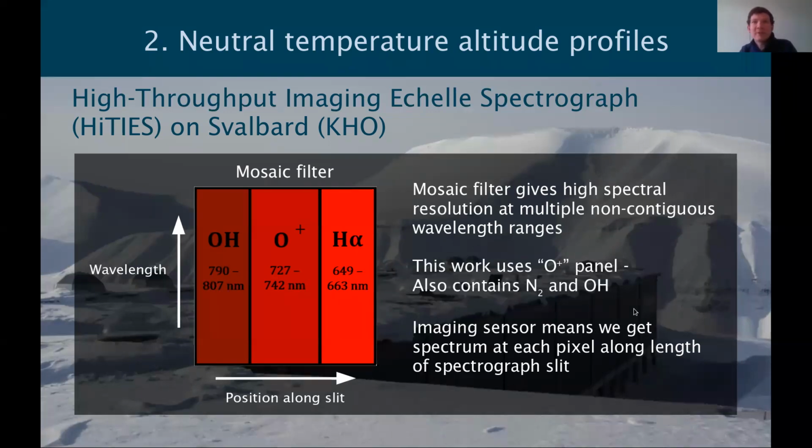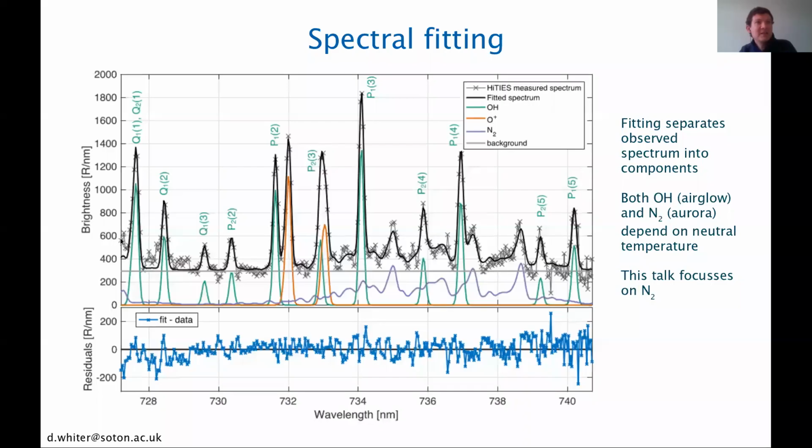Because this is a kind of spectrum we measure from that central O+ panel. The grey crosses are the data, so this is for one specific time, and this is the spectrum, and it's made up of multiple different components, and we have this fitting technique to separate those out. So the green peaks you see here, this is OH airglow emissions, so that's always there.